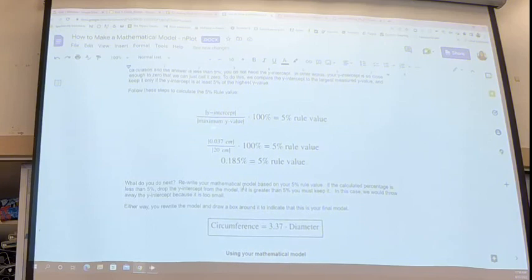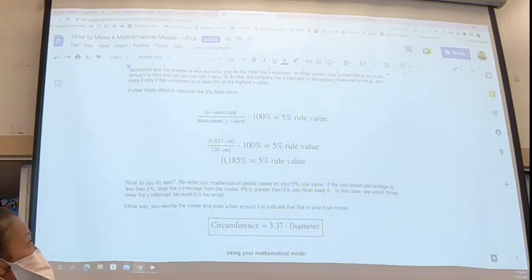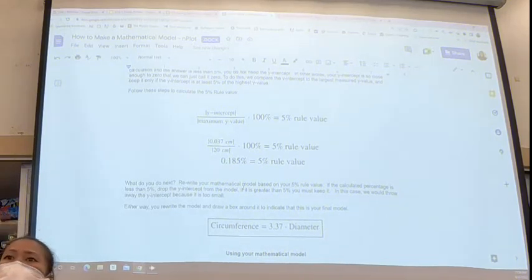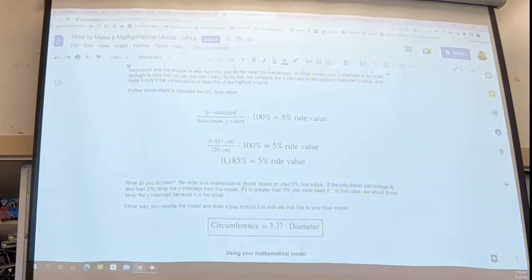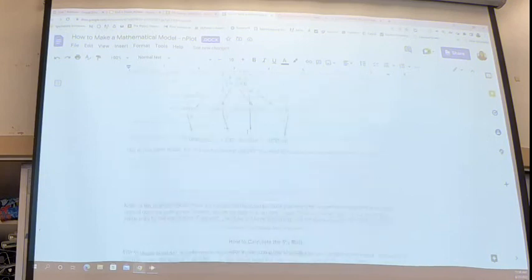So the 5% rule is to see if your y-intercept, that really small value that looks like it's close to 0, is less than 5% of your maximum y value. In this case, it's my maximum circumference that I was able to calculate.